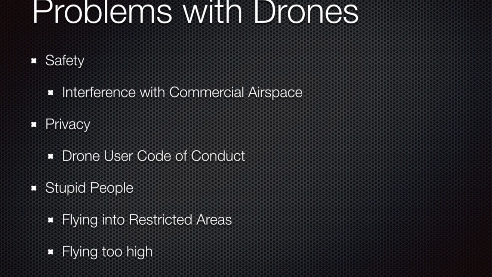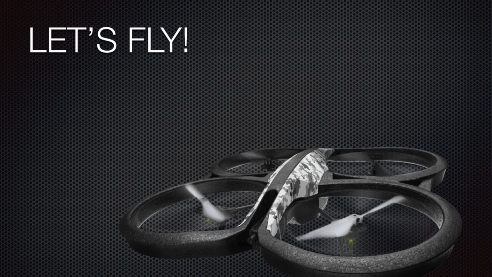The FAA has published some basic guidelines and is taking some draft input, but you're never going to be able to stop stupid people. Stupid people fly drones into restricted airspaces, like the guy at the White House. Stupid people fly drones too high and they lose control. When you lose control of your drone, you really have a chance of it free falling and causing some serious injury. So with that, let's go fly.